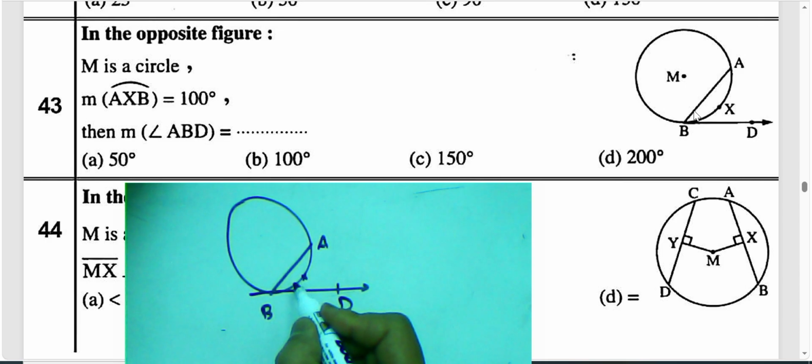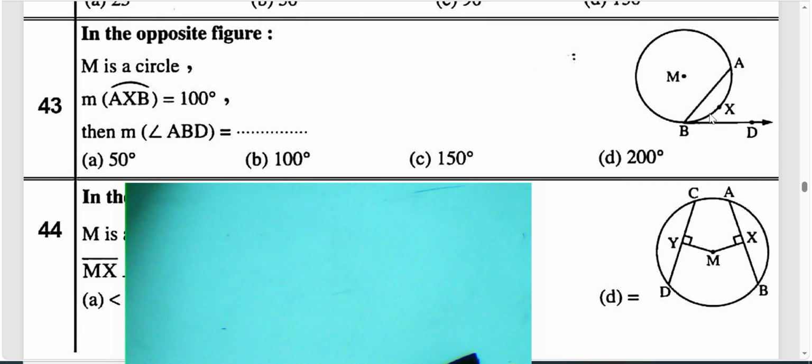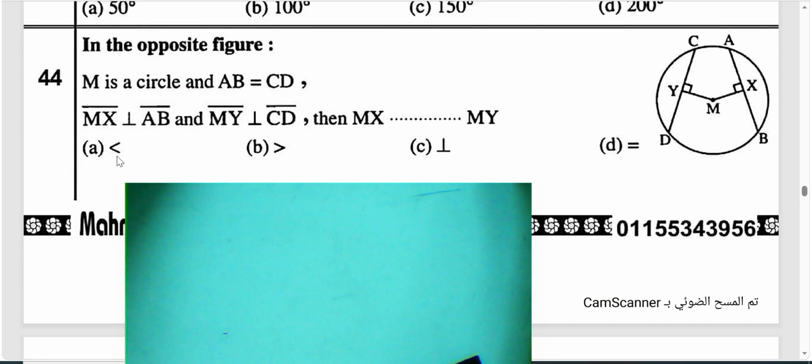AXB is 100. 100 divided by 2 is 50 degrees. Okay, the measure of the tangent angle is half of the measure of the opposite arc. The opposite arc here is 100. 100 divided by 2 is 50. Choose letter E. Next question here.